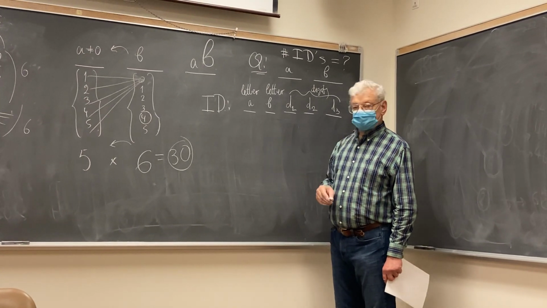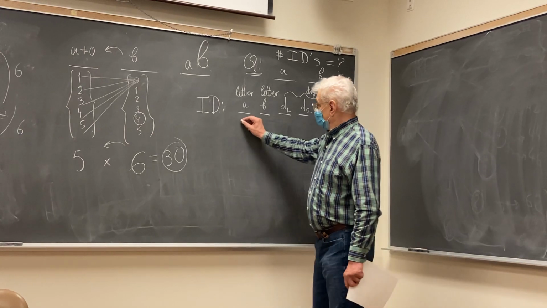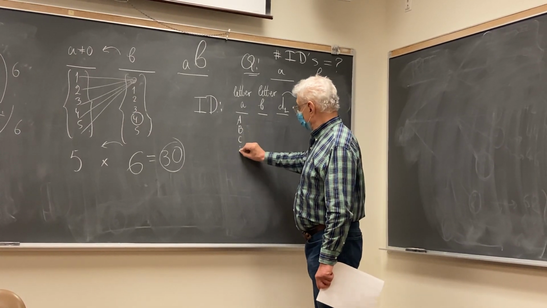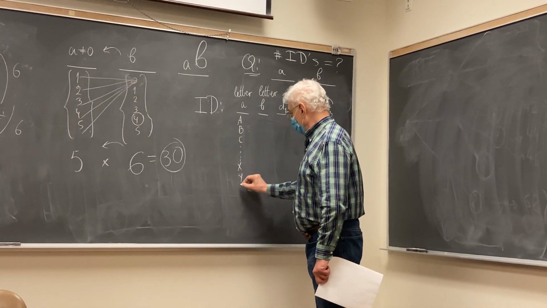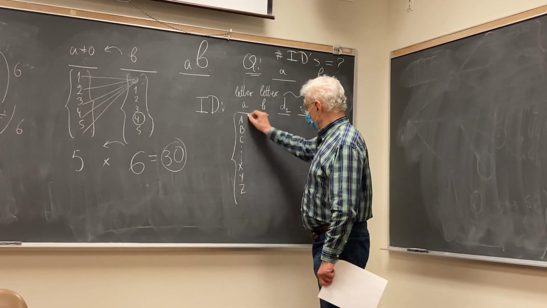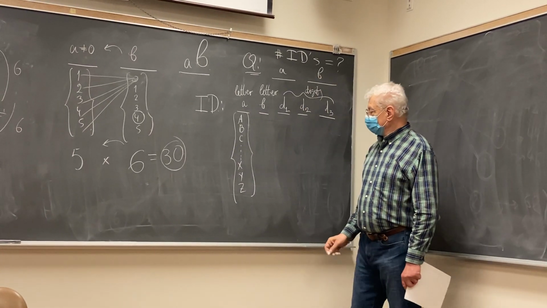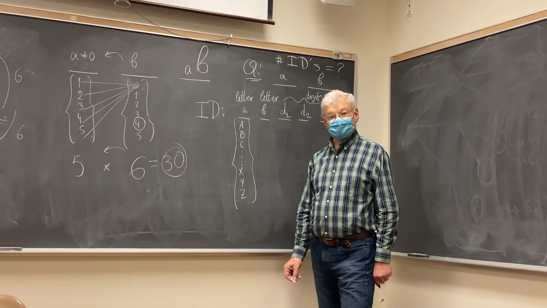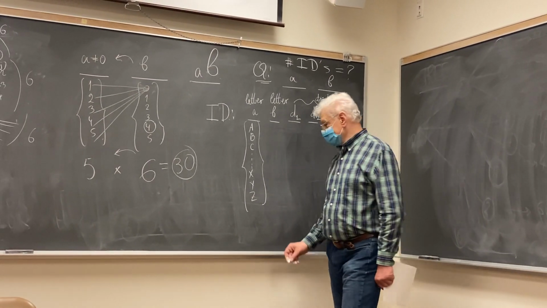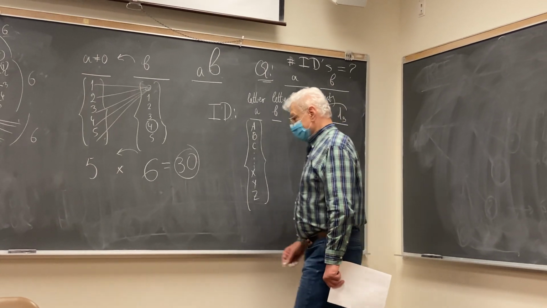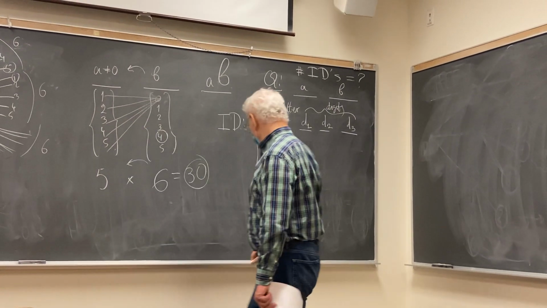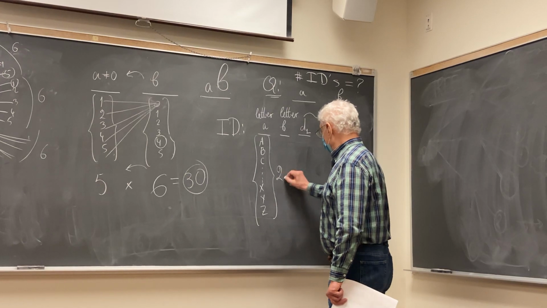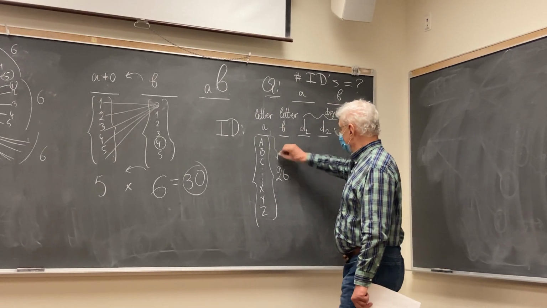So which letter could be taken for the first one? Could be A, B, C, and so on, X, Y, Z, right? This is the set of letters. How many letters? 26. Good. So 26 for the first letter.